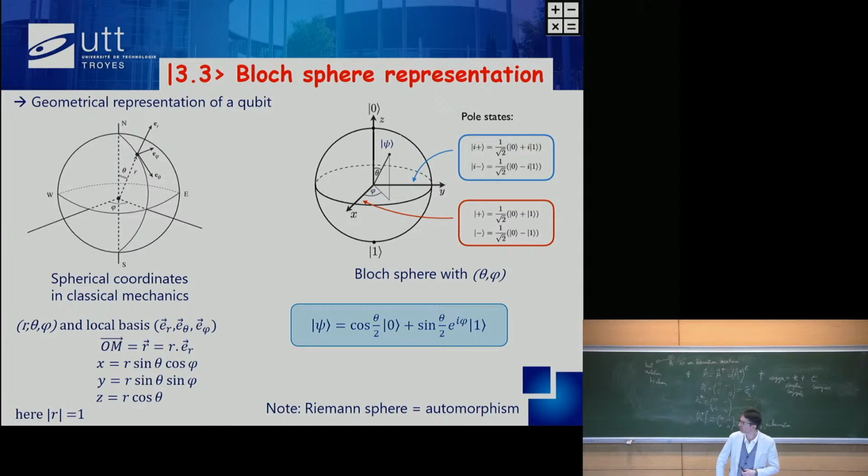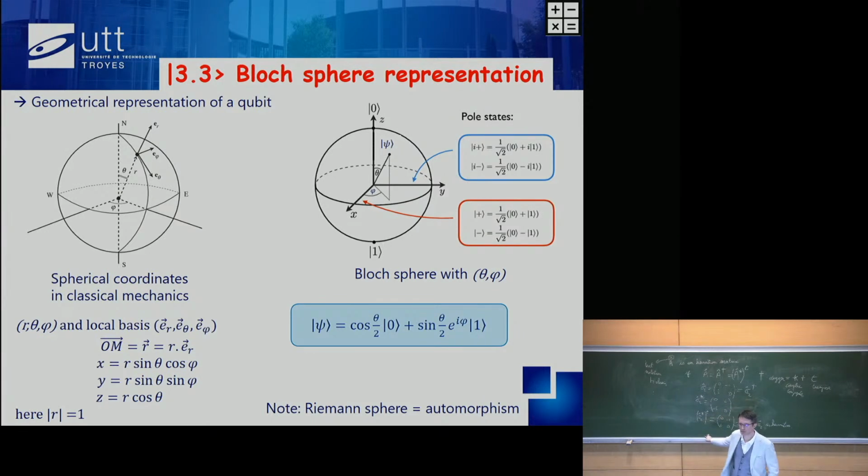Then you've got the x and y axes. Along x, you would have the state 0 plus 1, normalized by square root of 2, or 0 minus 1, depending on which side you're on.